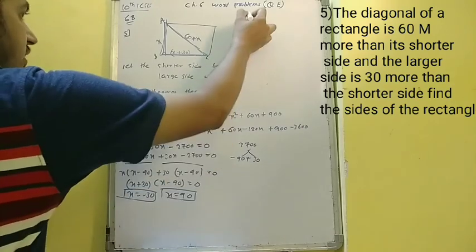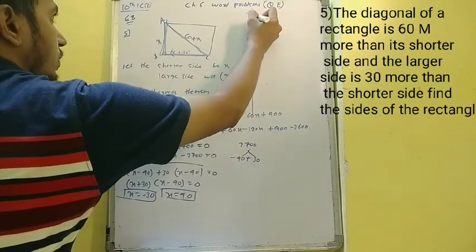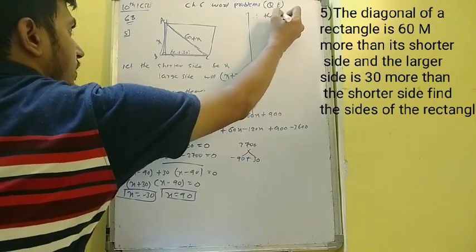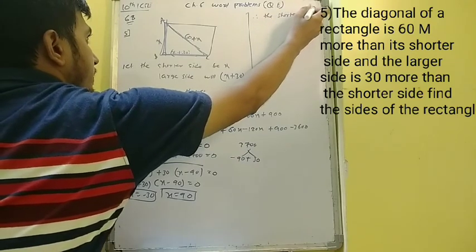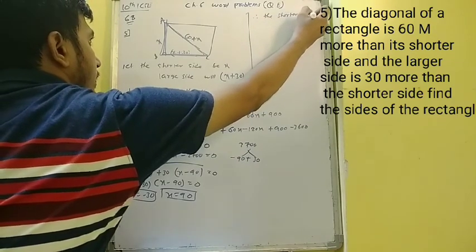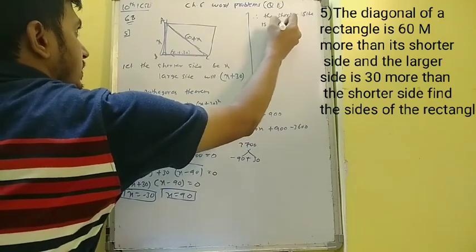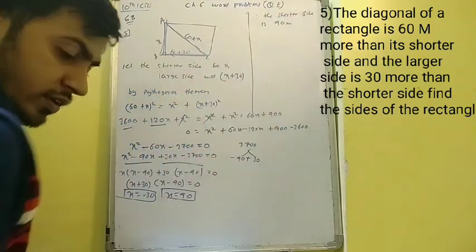Therefore the shorter side is 90 meters.